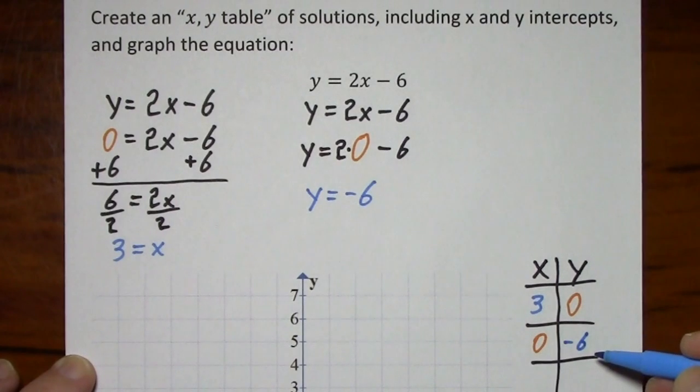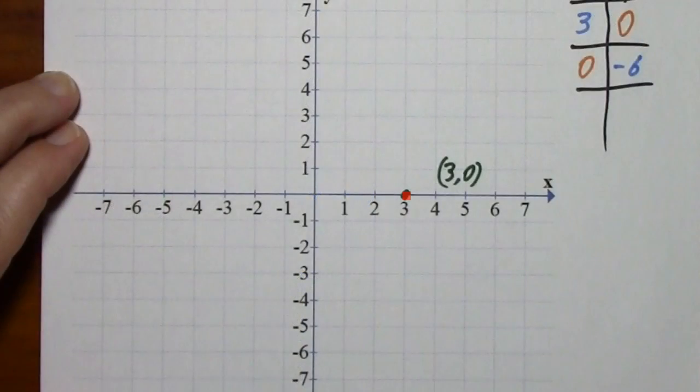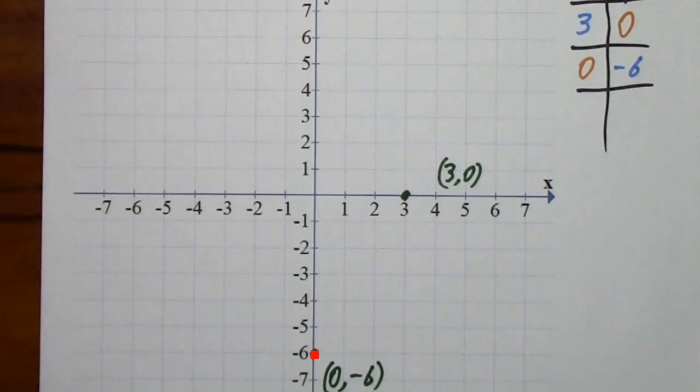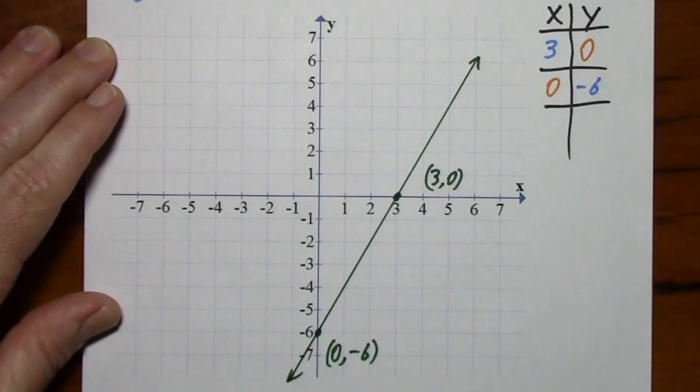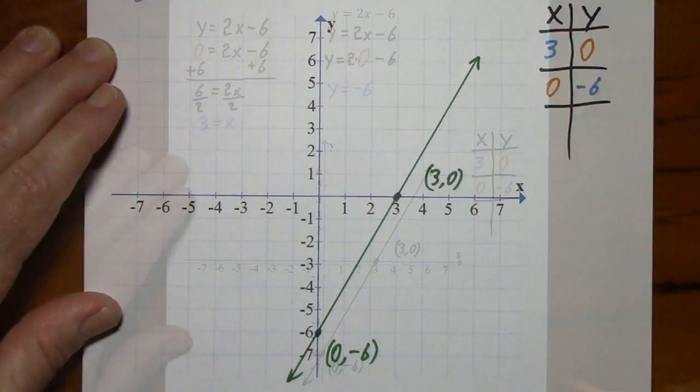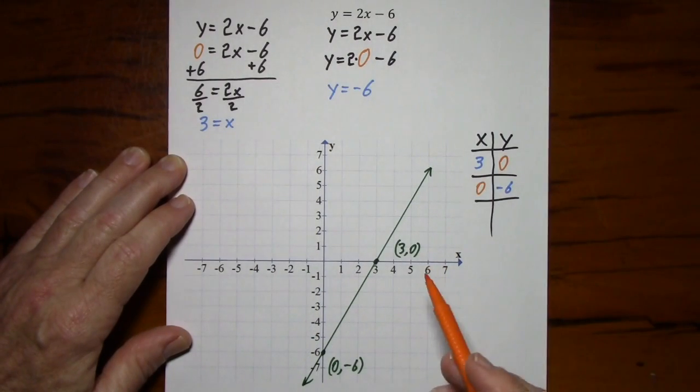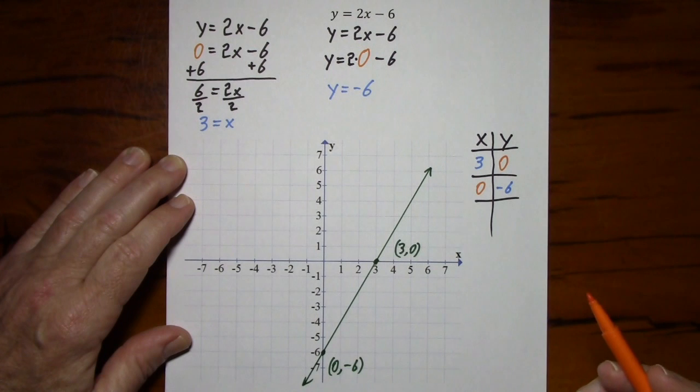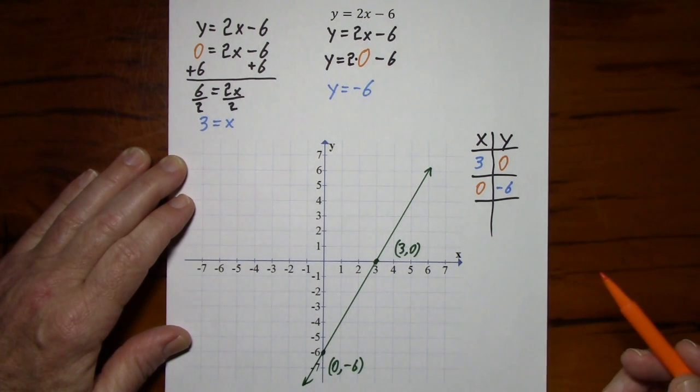So with these two ordered pairs, we could graph the equation. Now I could have made some algebraic mistake in finding either of these 2 points, so I'm going to pick one more value and make sure it lands on this line.